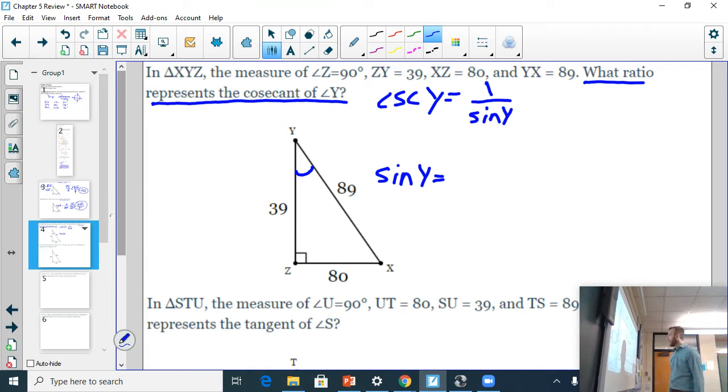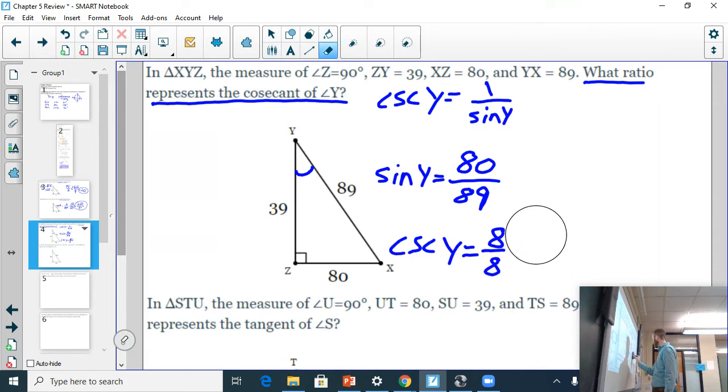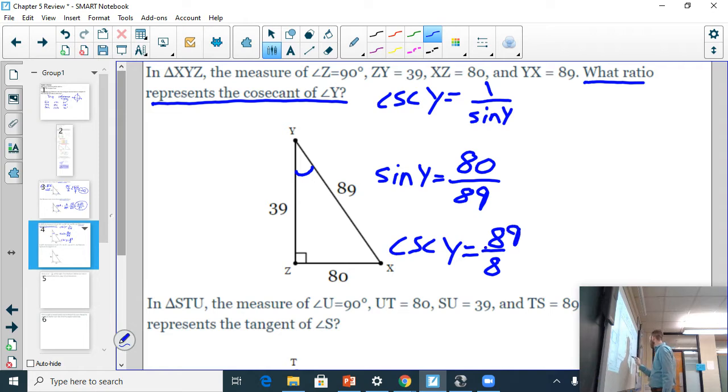The sine of y is going to be opposite over hypotenuse, so OH. So opposite is 80, hypotenuse is 89. And then the cosecant is just going to flip that, right? 1 divided by 80 over 89, dividing by a fraction is multiplying by the reciprocal. So the cosecant of y equals 89 over 80. All right, and that'll be your answer.